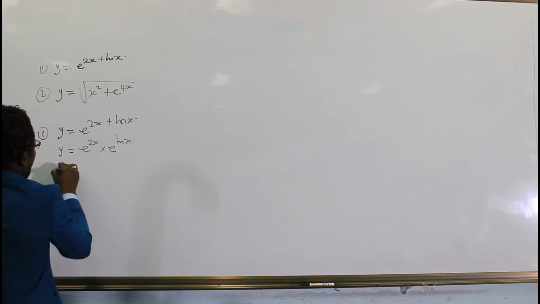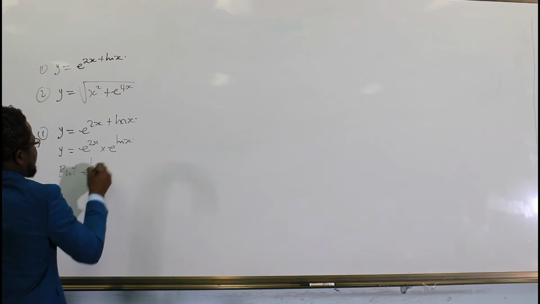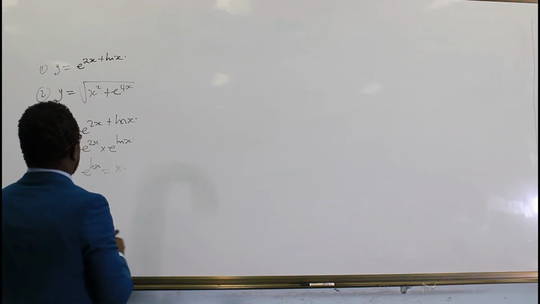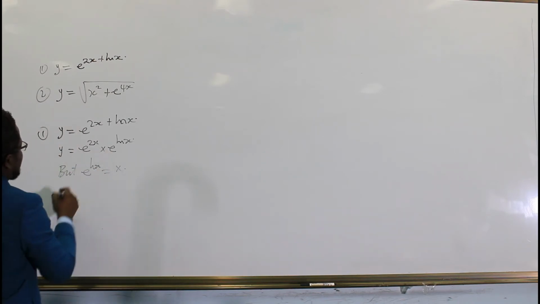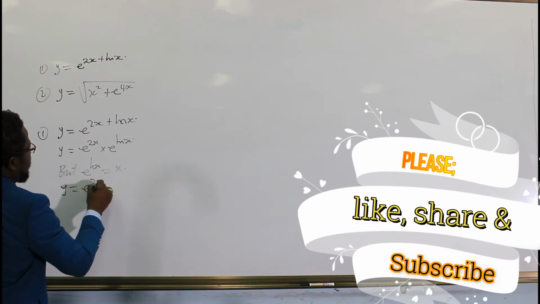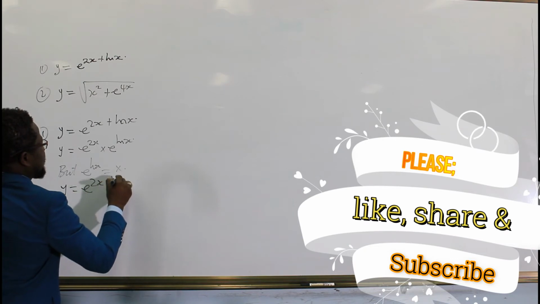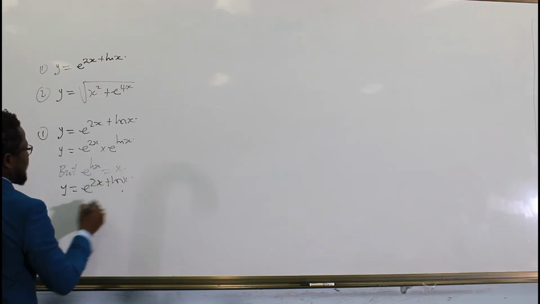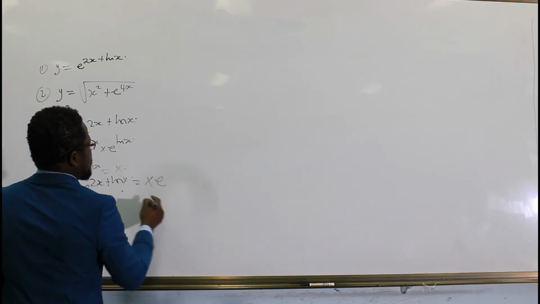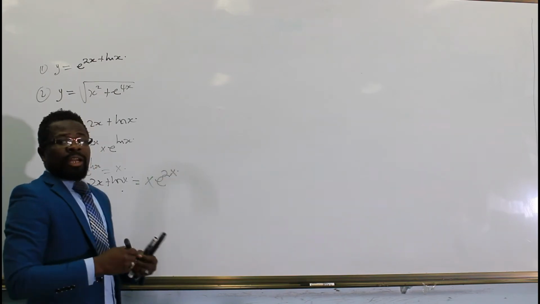One thing we have to know is that whenever we have e to the ln x, it simply becomes x. So we can write y is equal to x e exponent 2x.